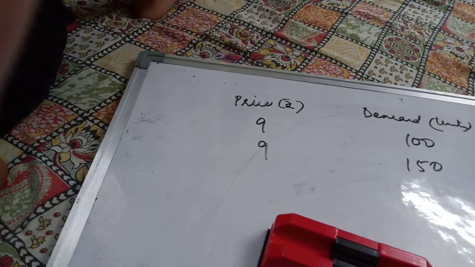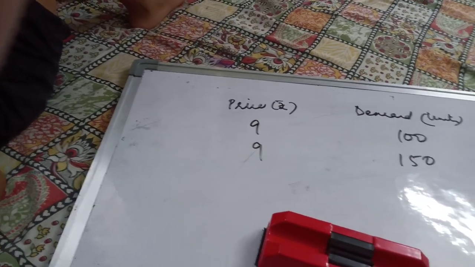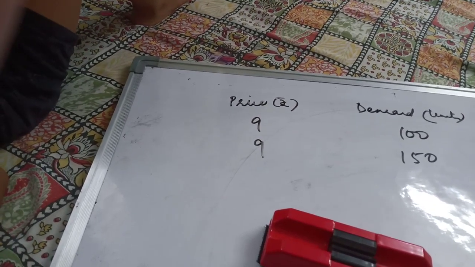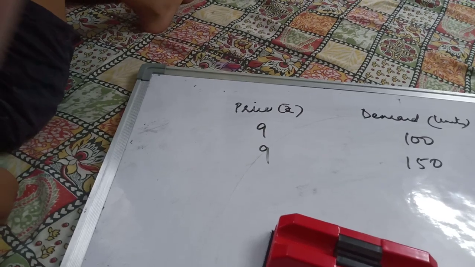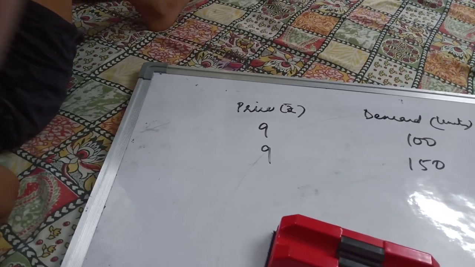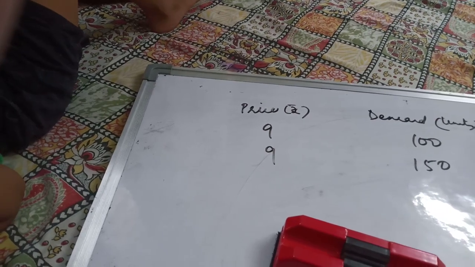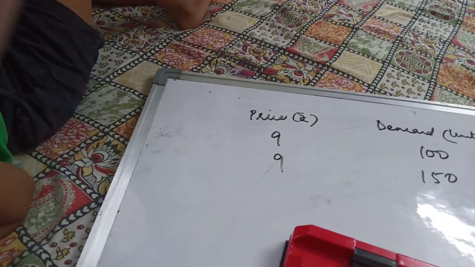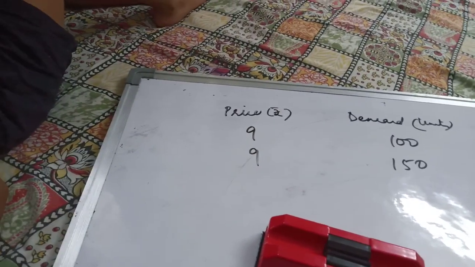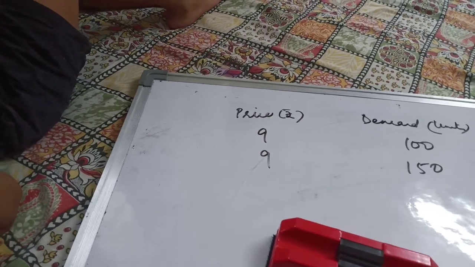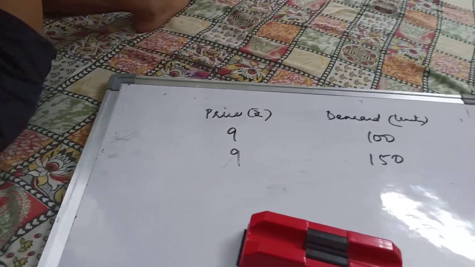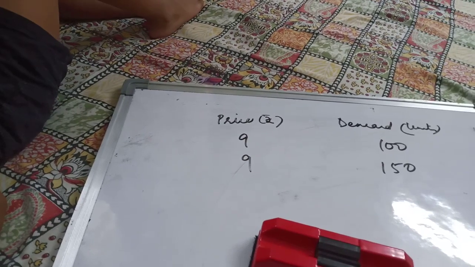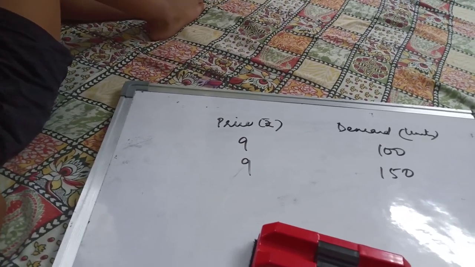When price of a good is rupees 13 per unit, the consumer buys 11 units. When price rises to rupees 15 per unit, the consumer continues to buy 11 units. Calculate elasticity of demand. Next, question number 5. A 5% fall in price of the good raises its demand from 300 units to 315 units.